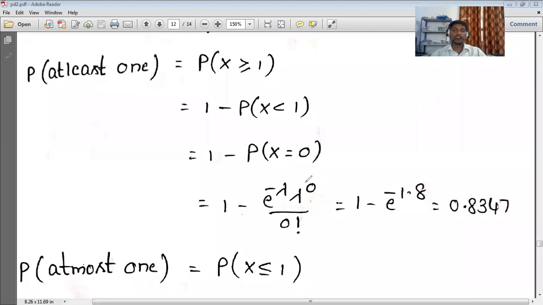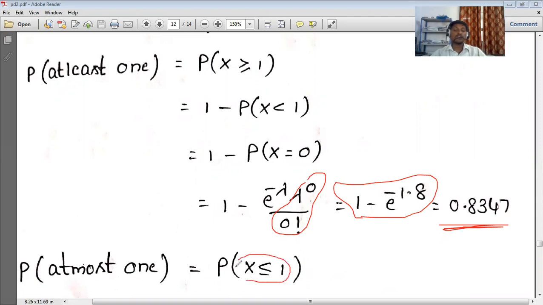So in place of this one it is 1, and remaining 1 minus e power minus 1.8. So how much did we get? 0.8347.